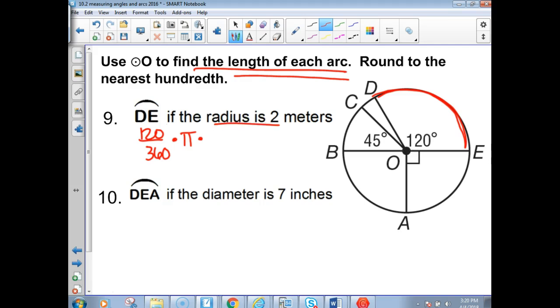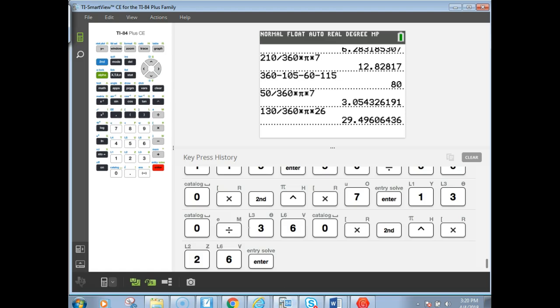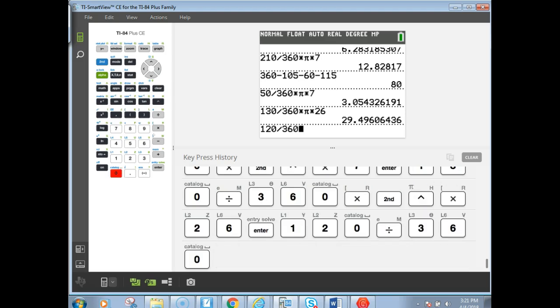It says the radius is 2, so that means the diameter is 4. Plug in 4. Type your 120 out of 360 times pi times 4.